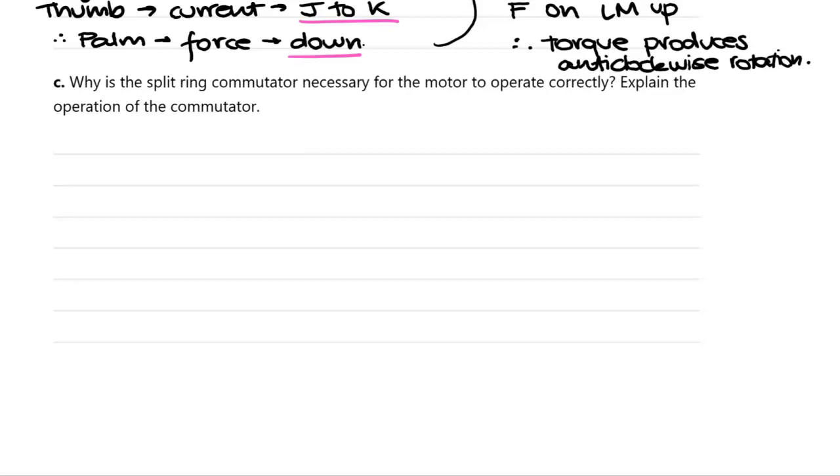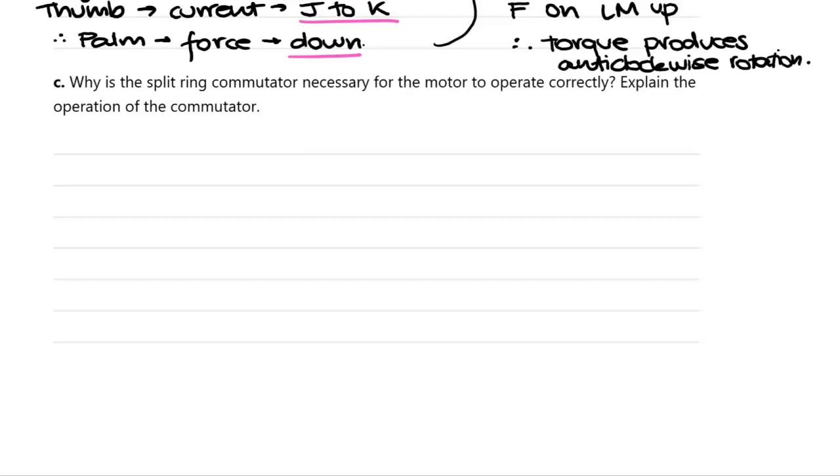Instead, we're going to be looking at the fact that the commutator reverses the direction of the current through the coil every half turn, and we're going to talk about how it does this and how it's connecting the coil to the external power, and why is it important to reverse that current direction? The whole point is to reverse the direction of those forces to maintain a torque.